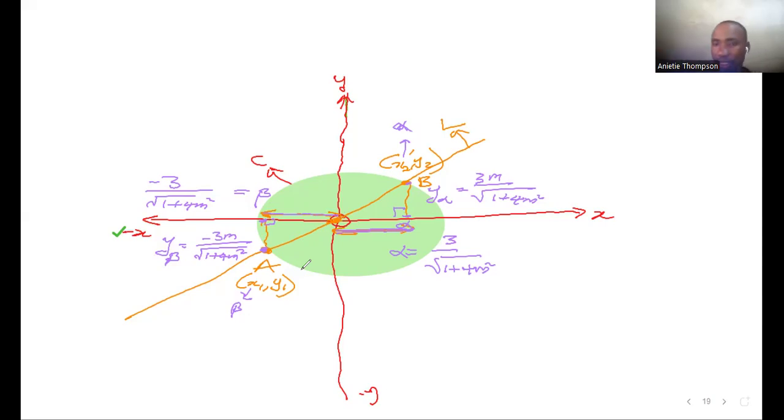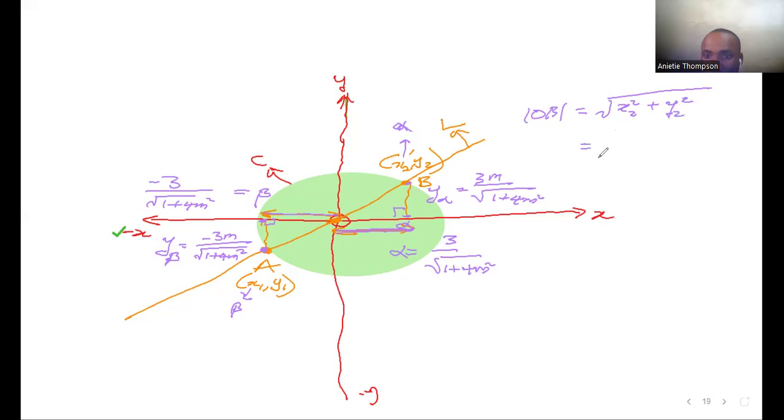So what if we want to solve for the value of OA, or OB? The distance from O to B must be equal to the square root of the x2 value, or the alpha value, that's the distance between two points. So the change in the x value, which is the alpha value, we have x2 squared plus y2 squared.